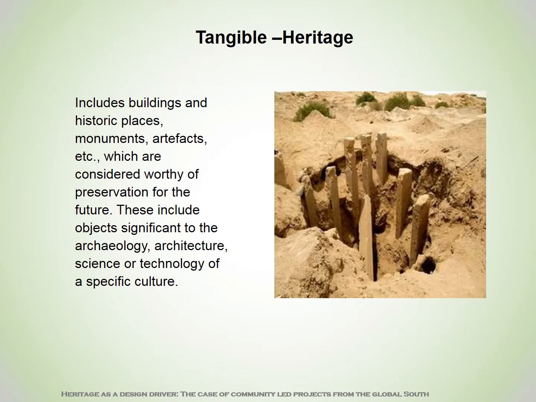Tangible heritage includes buildings or parts of them, places of historic significance, monuments, artifacts, etc., which are considered worthy of preservation. Such objects have a significance to the archaeology, the architecture, and science of a specific culture.